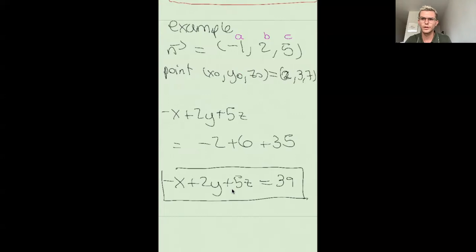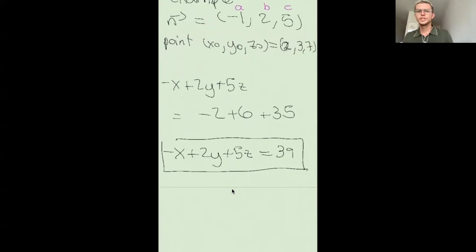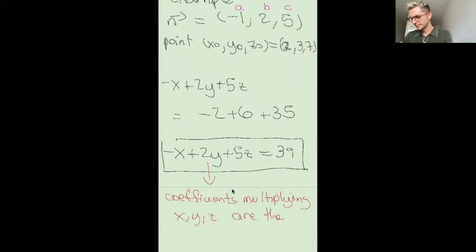Are there any questions so far? So good. Okay, so in general, when you see a plane, the important thing to notice is that the nice thing of how the equation is written in this way is that the coefficients multiplying x, y, and z are the entries of the normal vector.